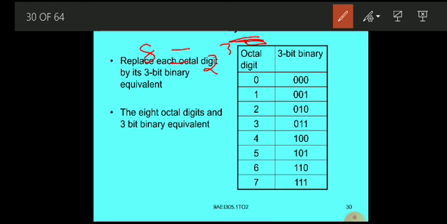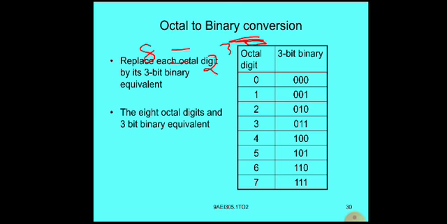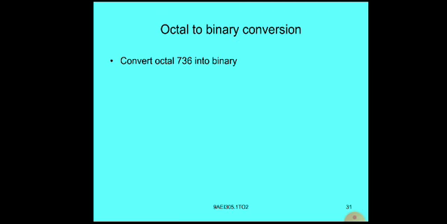We have taken the table like this. 0 means 000 binary, 1 is 001, 2 is 010, 3 is 011, 4 is 100, 5 is 101, 6 is 110, 7 is 111. So this is the way of expressing an octal digit in binary. Let us convert one example, the octal number 736 into binary.